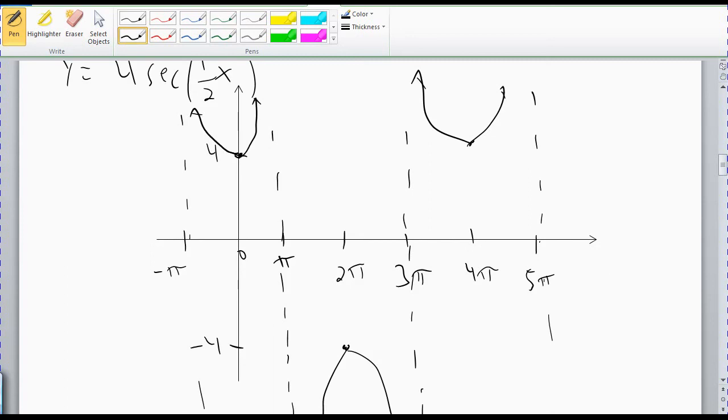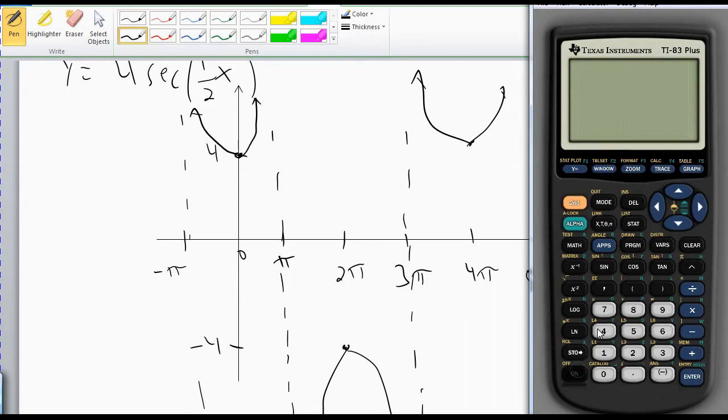And once again, we can always use your graphing calculator and type in 4 secant 1 half x, which is 4 times 1 divided by cosine of 1 divided by 2x. Notice how I typed that in. I don't have a secant.